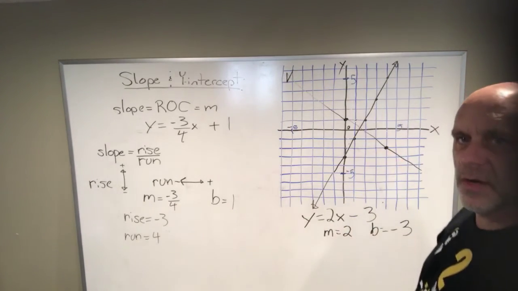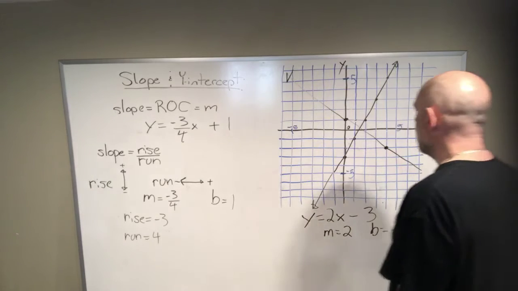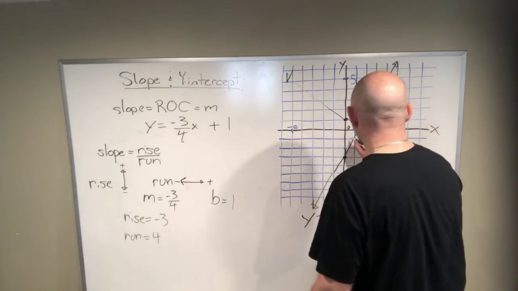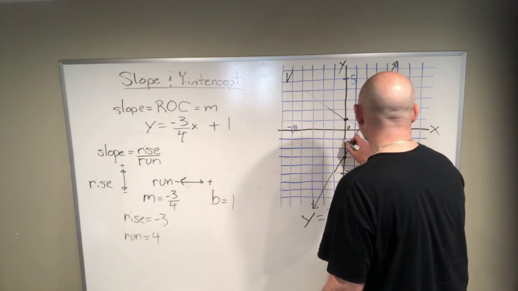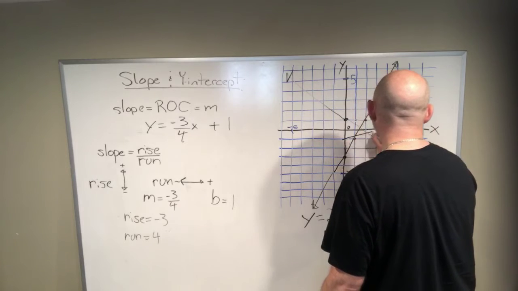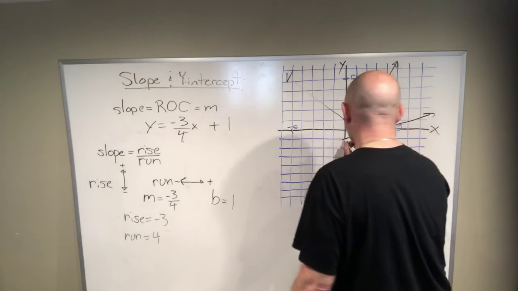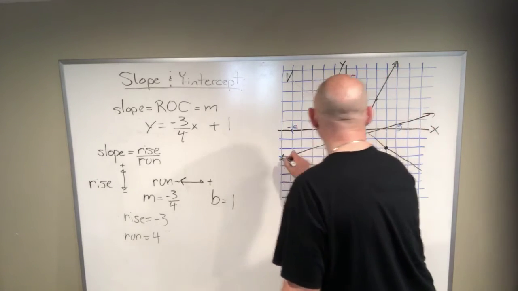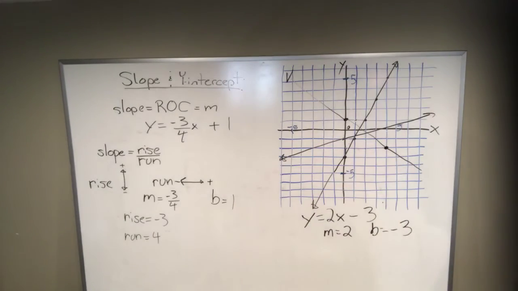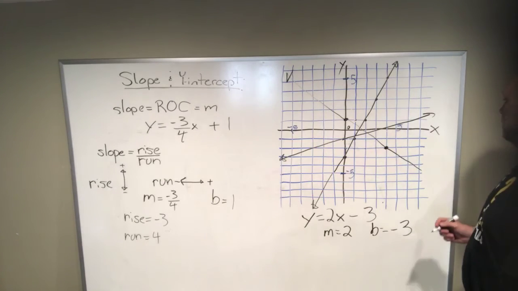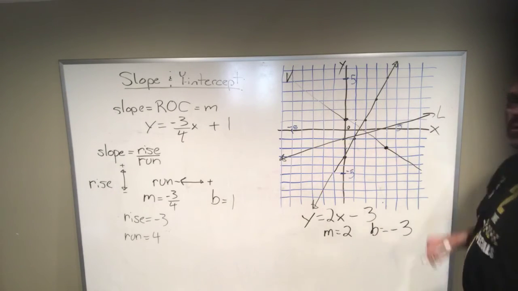What if I draw a line here? Do you think you can find it? Let me try that. Here's a line. I don't know what it is. Let me just call it L with no number.